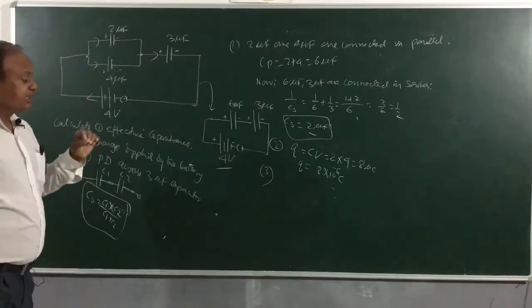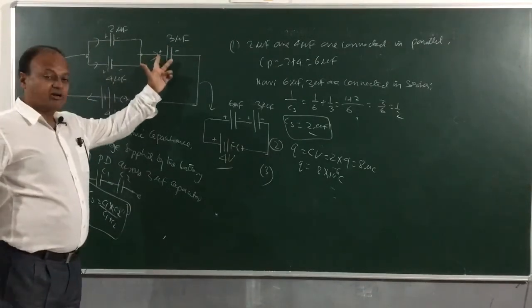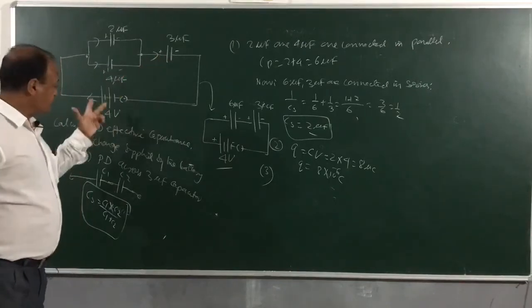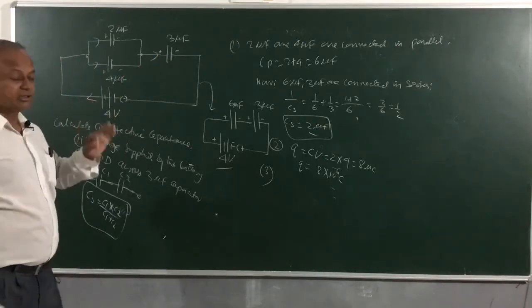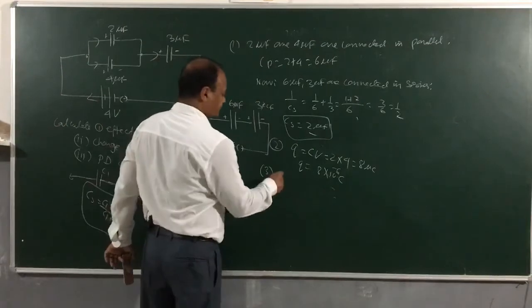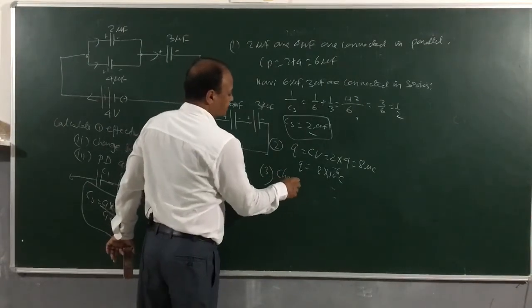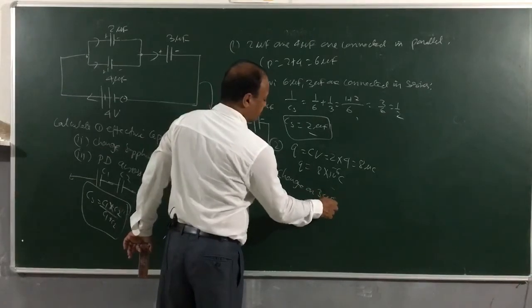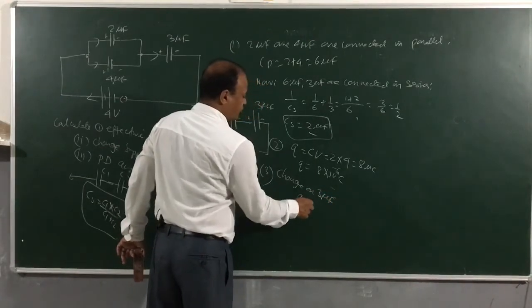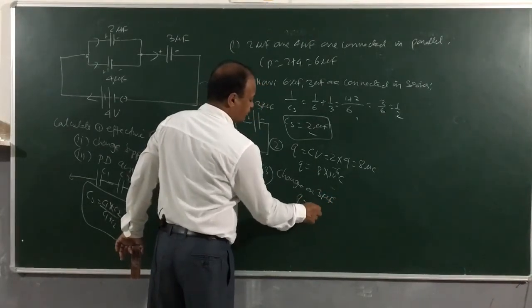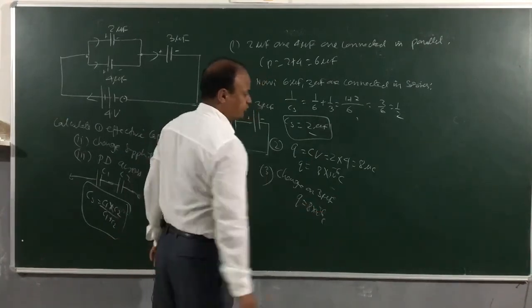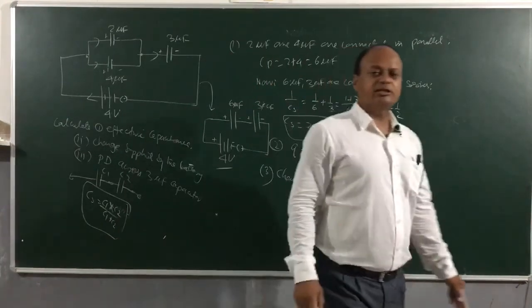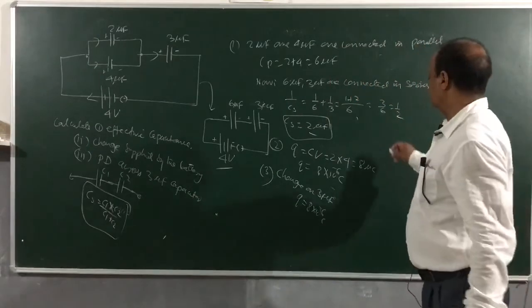So you have to understand the charge on 3 microfarad will be the same as the charge supplied by the battery. Very important. So here I will say charge on 3 microfarad capacitor, Q will be equal to 8 into 10 power minus 6 coulomb. So you got how much is the charge on 3 microfarad capacitor.